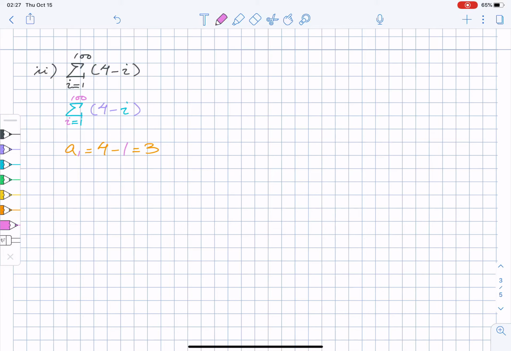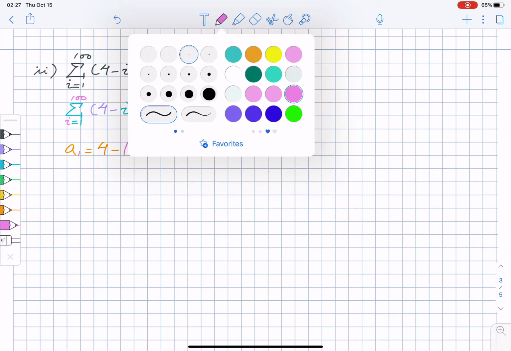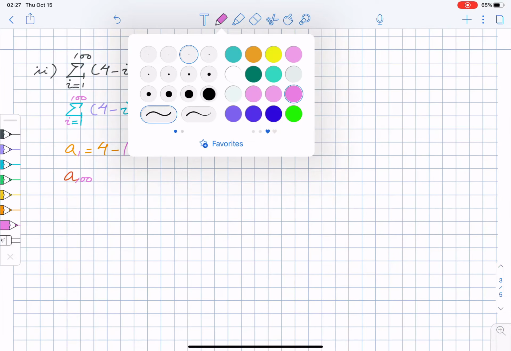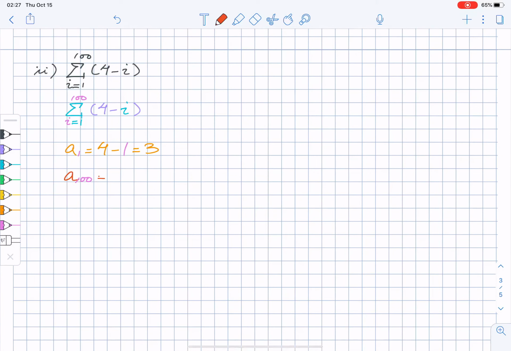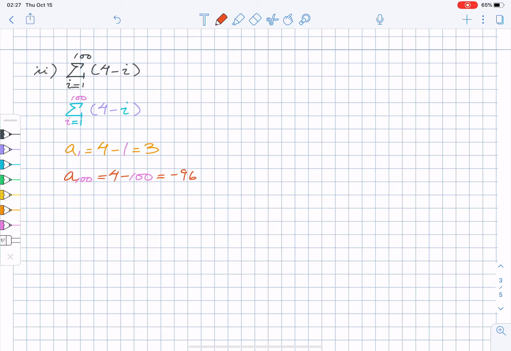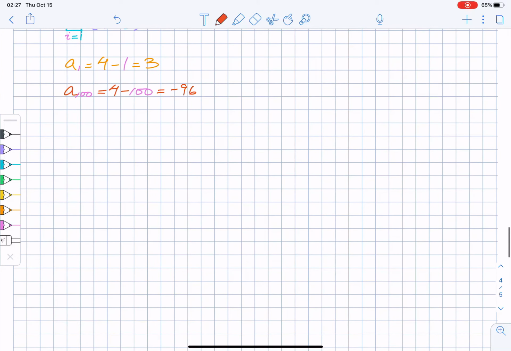A sub n, which is 100 in this case, is going to be 4 minus 100. So of course that's going to be negative 96. N, we know, is 100.